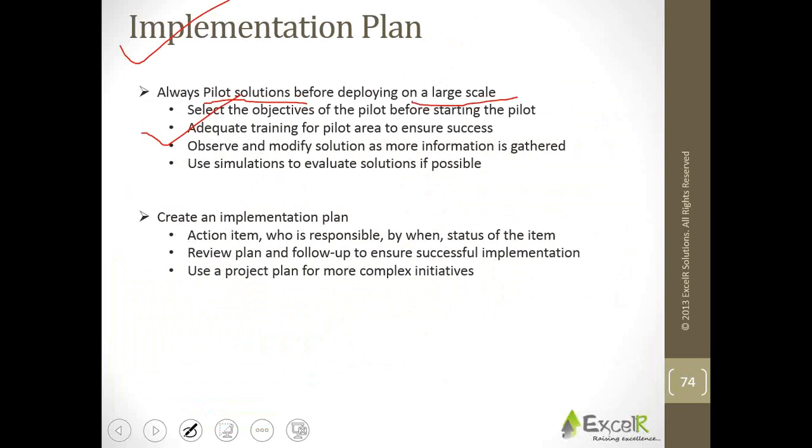You observe and modify the solution as more information is gathered. As you get more information, you see whether your solution should be modified or not. You also use simulations to evaluate the solution if possible. What do you mean by simulation?